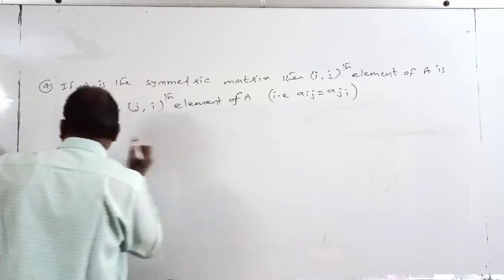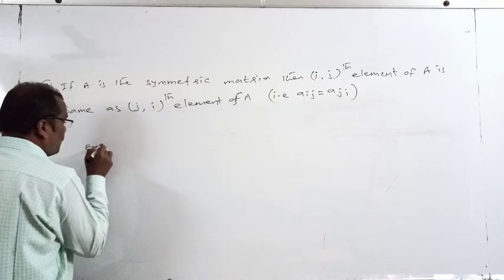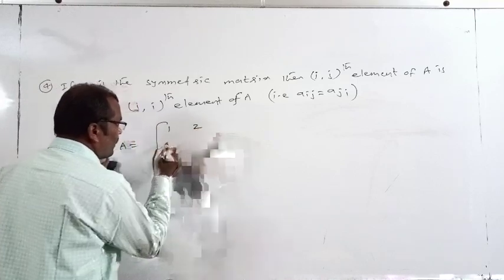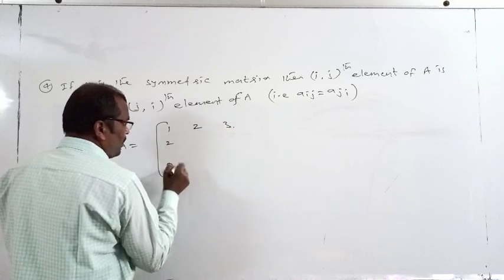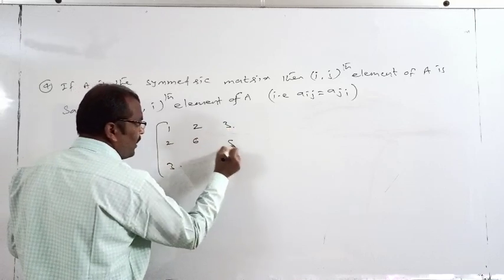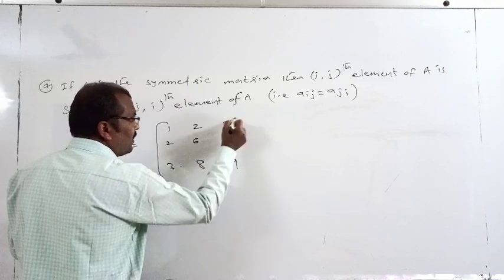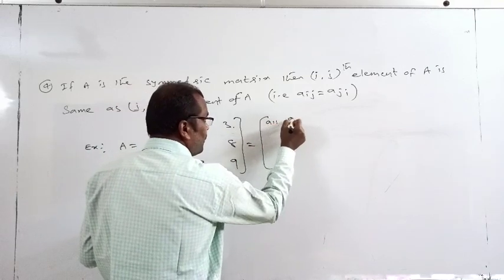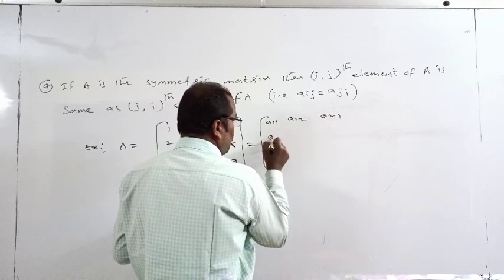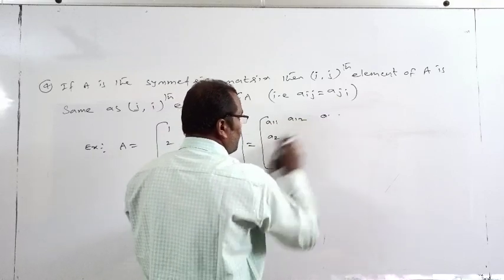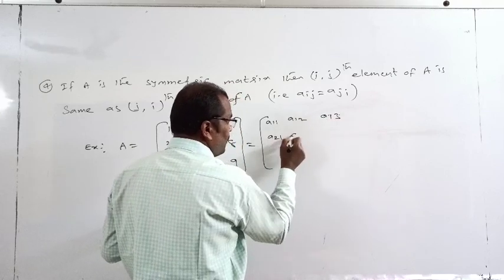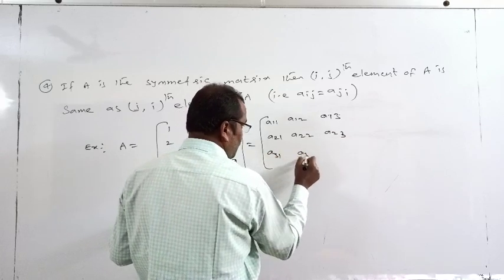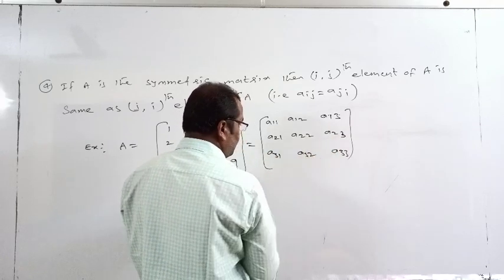Give the example. If A is equal to 1, 2, 3, 2, 3, 6, 3, 6, 8, 9, it is a symmetric matrix. See this one. Here A11, A12, A13, first row, third column, A21, A22, A23, A31, A32, A33.